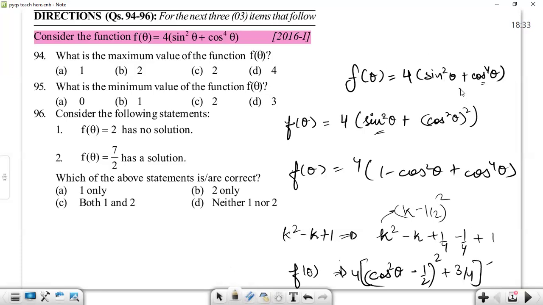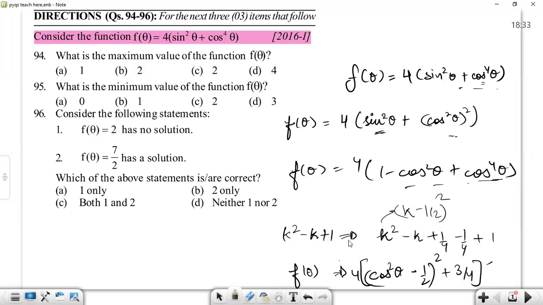f of theta is sine square theta plus cos 4 theta, which is 4 into (1 minus cos square theta) plus cos 4 theta. K was cos square theta, so this can be written in this form: k square minus k plus 1 by 4 minus 1 by 4. So this became (k minus half) whole square plus 1 minus 1 by 4, which is 3 by 4.